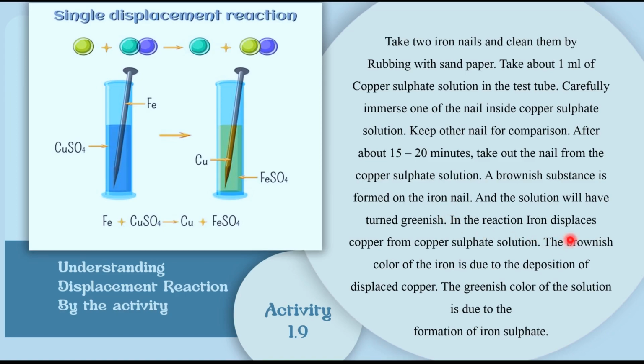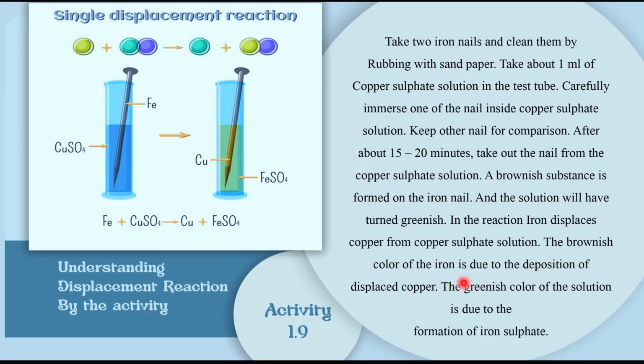In the reaction, iron displaces copper from the copper sulfate solution, and hence the brownish color is formed.